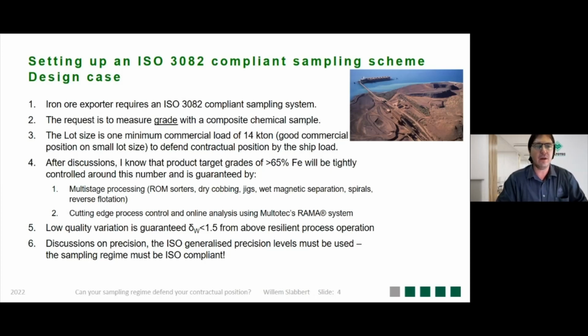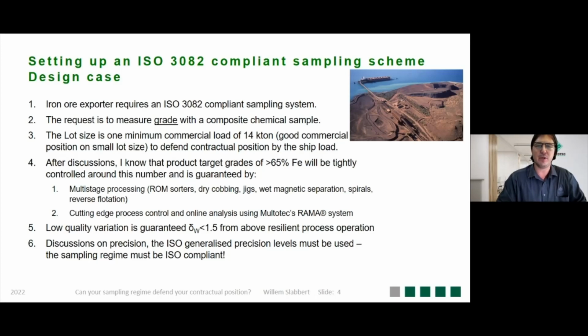And furthermore, this plant will have a cutting-edge process control and online analyzer, also using a Multotec Rama system that feeds representative samples, metal accounting standard, to the analyzer itself. So our process is tightly controlled, and therefore the quality variation denoted by sigma W would be less than 1.5.